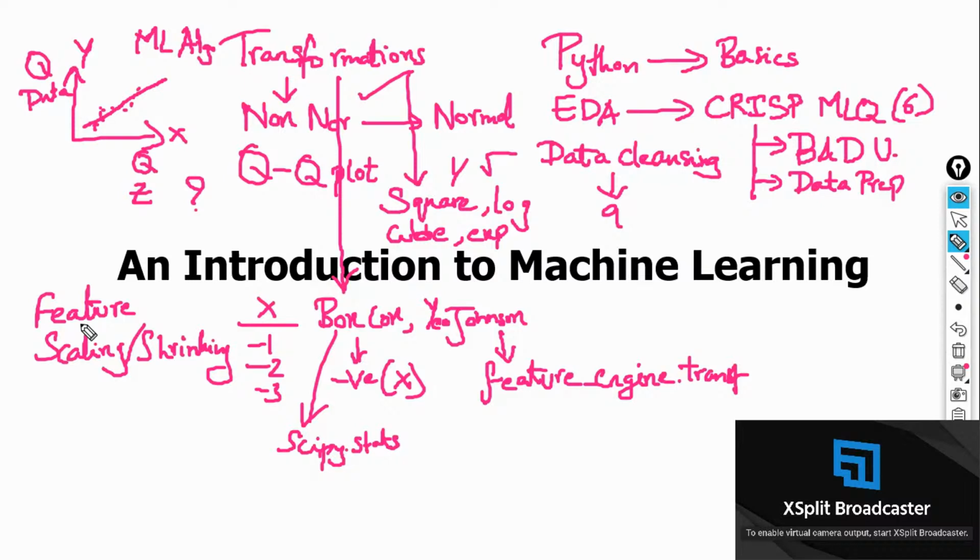See, if you together work on all these 9 steps on a structured data set, that becomes a project. That's why I'm taking enough time to revise all these topics. Yes, all the features, all the columns that are part of the data should be scaled.